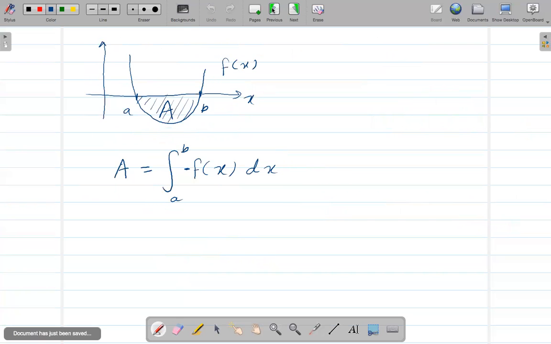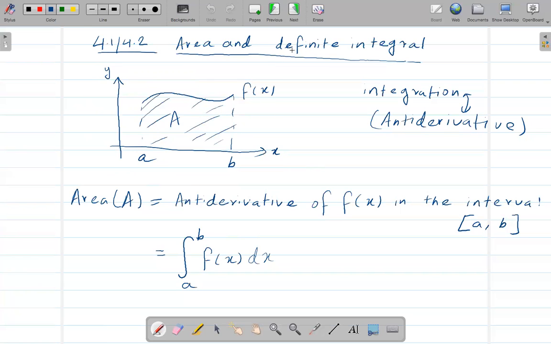Okay, so the definite integral is similar to what I talked about with the area. If you have the interval defined, then this kind of integral we call a definite integral, right? Because the interval is defined.